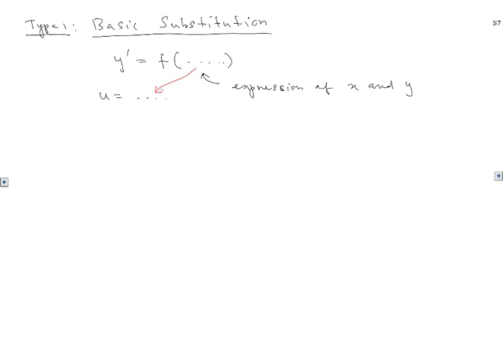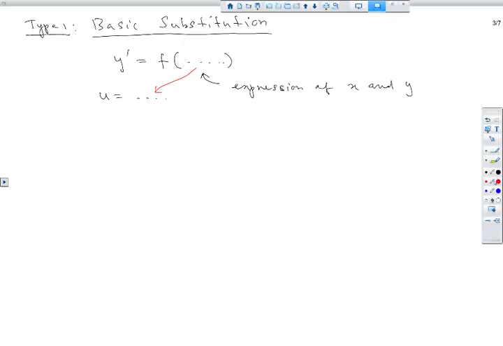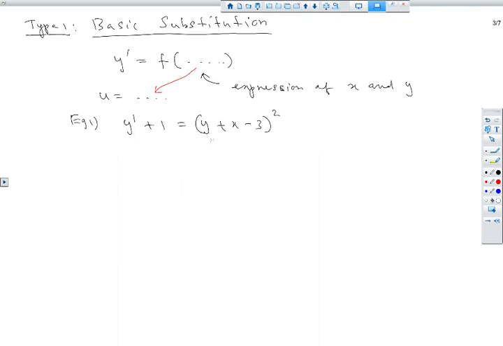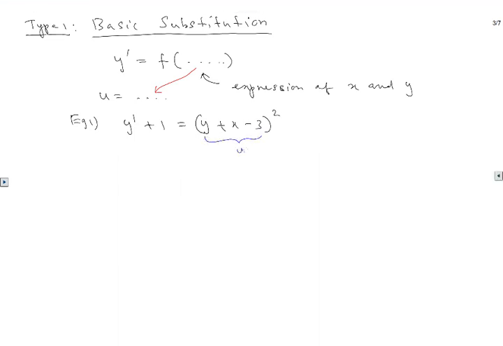So let's look at a simple case. For example, y prime plus 1 equal (y plus x minus 3) squared. You can see very clearly that is the function you're going to pick as u. So we say u equal y plus x minus 3, and take the derivative.